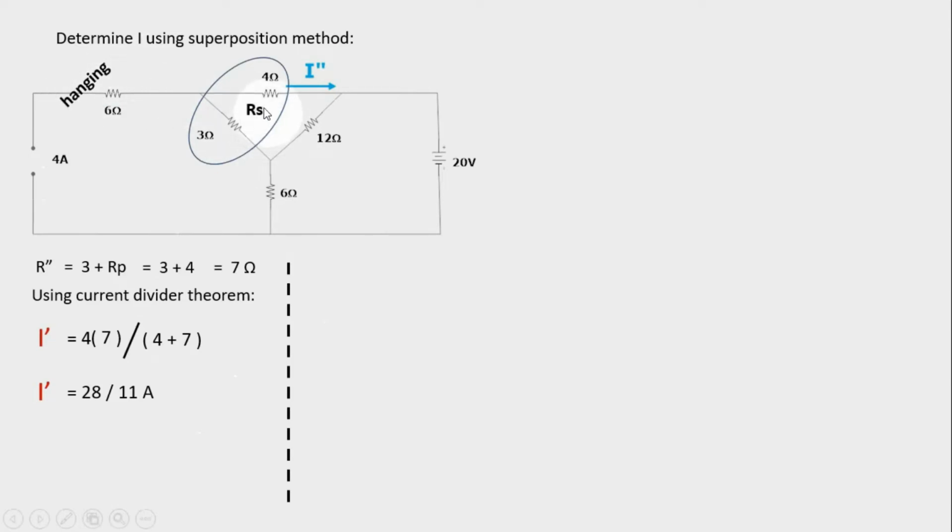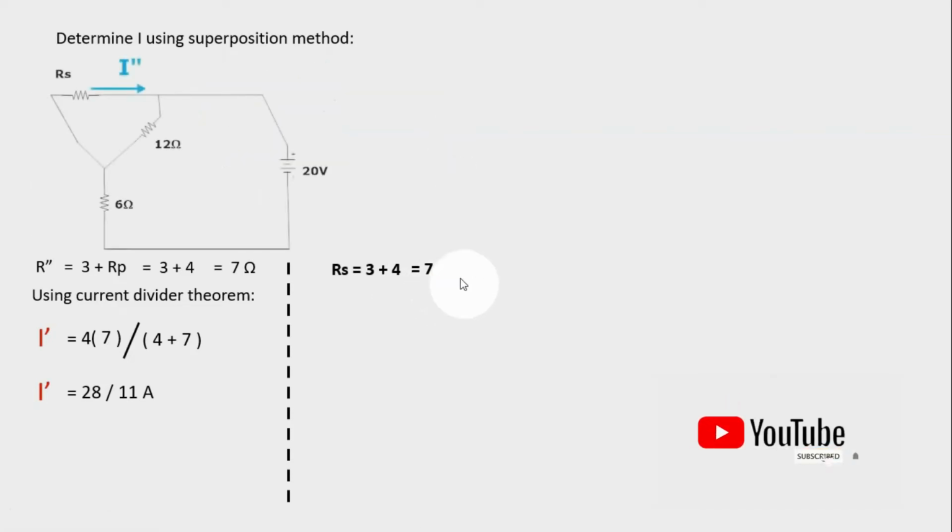So 4 ohms and 3 ohms are in series, so we name it RS. So RS is 3 plus 4, and that is 7. Okay, so RS now is in parallel with 12 ohms and in series with 6 ohms.